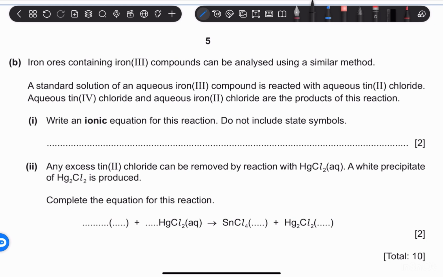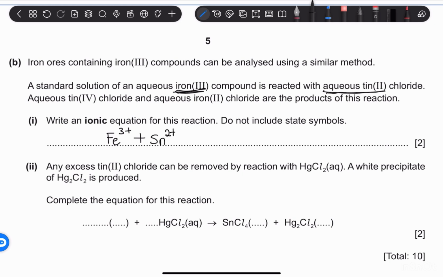So first things first, we have an iron 3 compound. We don't know what compound this is, but we do know that it has iron 3 in it. So first thing we would write is Fe3+. That is the ion that is present in that iron 3 compound. It's reacted with aqueous tin 2 chloride. The ion present in aqueous tin 2 chloride is Sn2+.